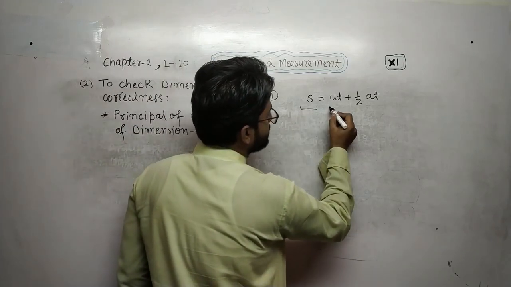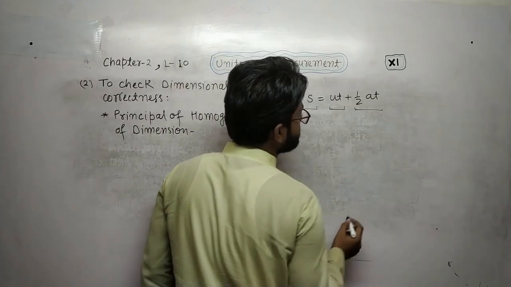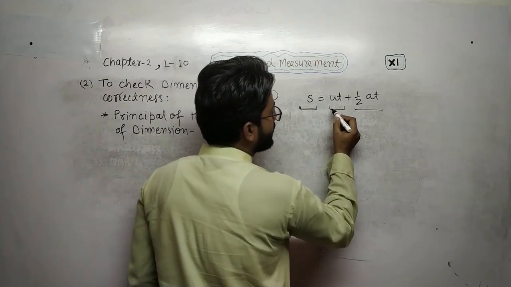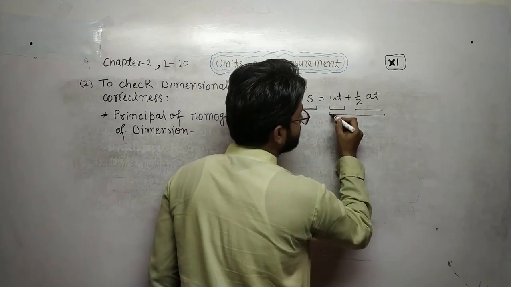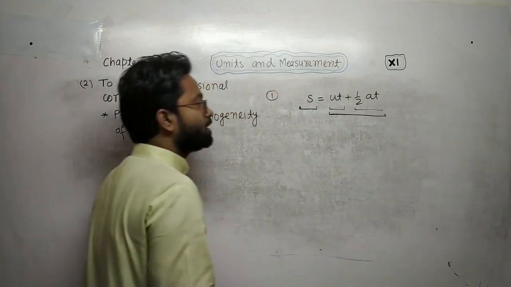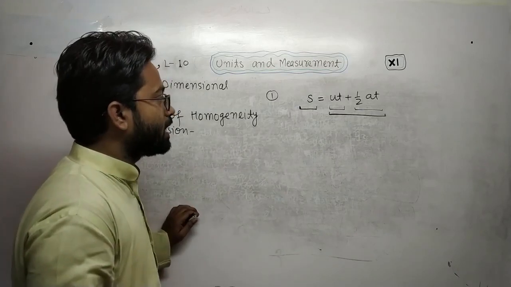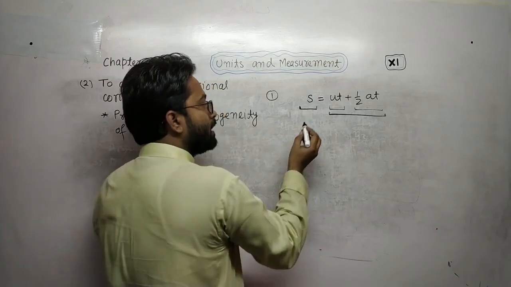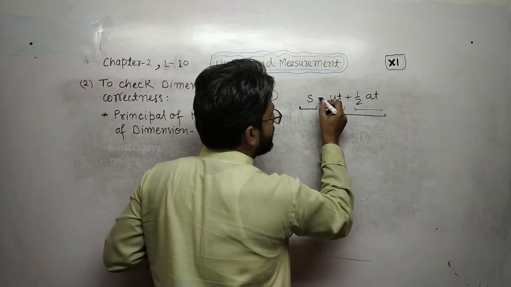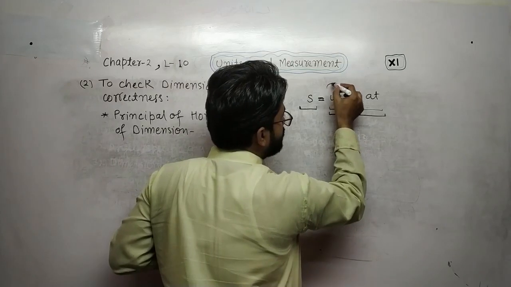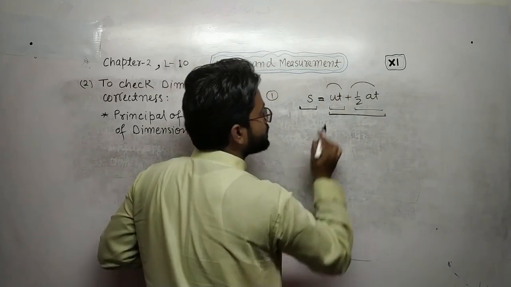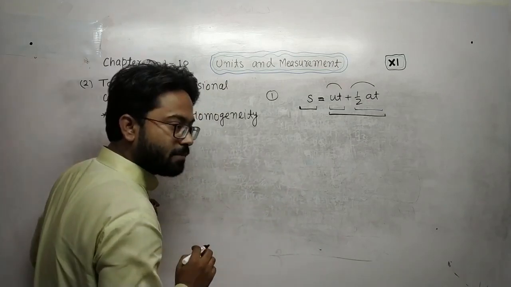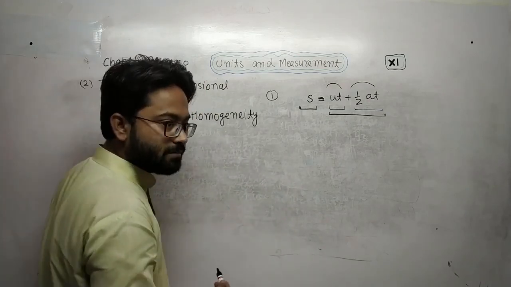Same type of quantity must be equal. Simply we can say that if two quantities are the same, then they may be equal. In other words, two terms will be added only if they have the same dimension or the same type of quantity.